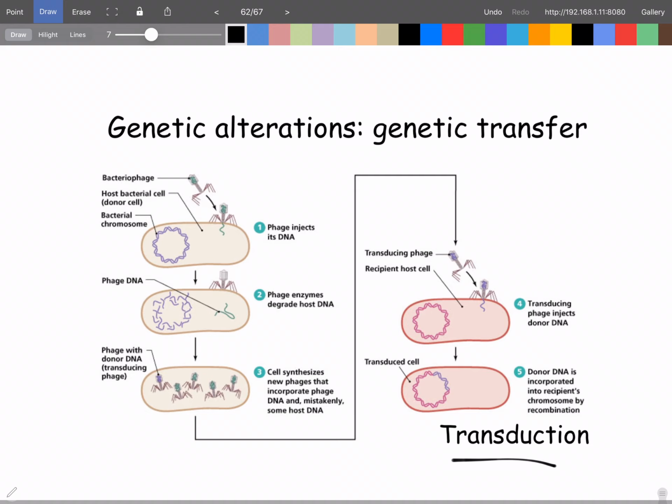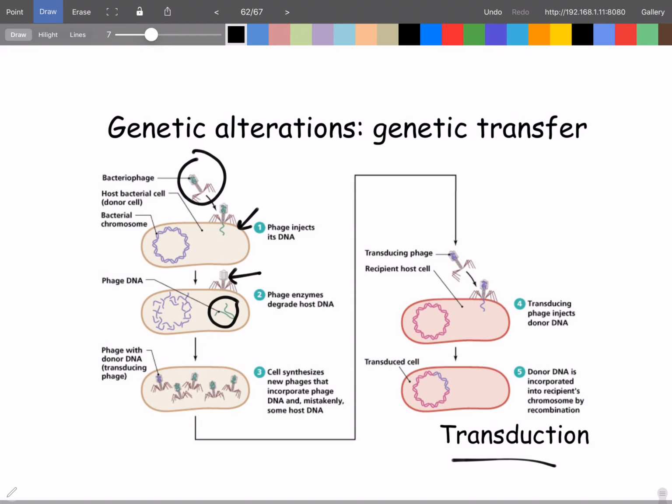Now, transduction is going to involve the use of bacteriophage. So this is the normal life cycle of a phage, where this phage will attack this host bacterial cell. It will inject its DNA into the cell.